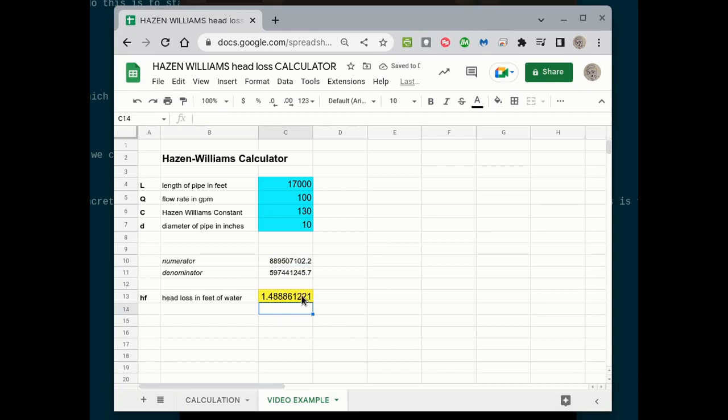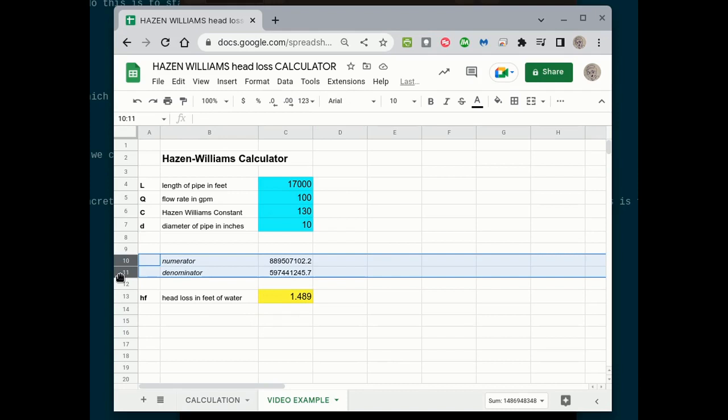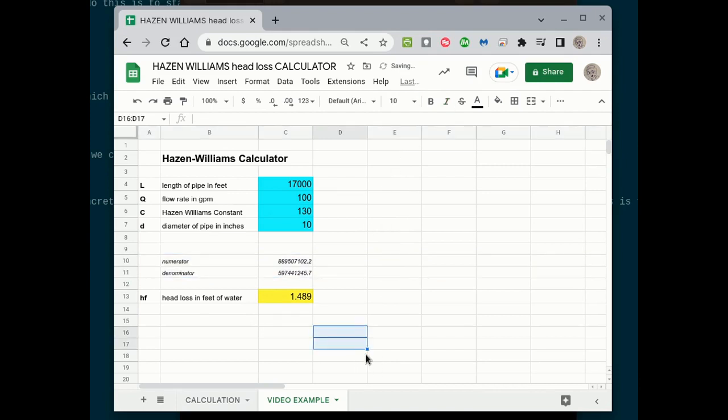To make your life a little easier, we can adjust the decimal places. So I'm going to click the left arrow, and that will make it like this. So about 3 decimal places is good. I might make these smaller so they don't get my attention as much. And that is how you can set up a calculator.